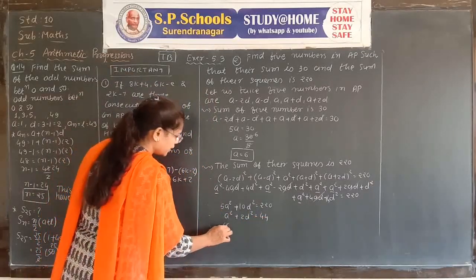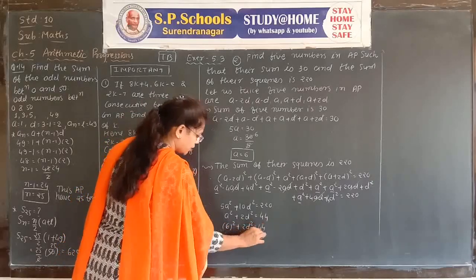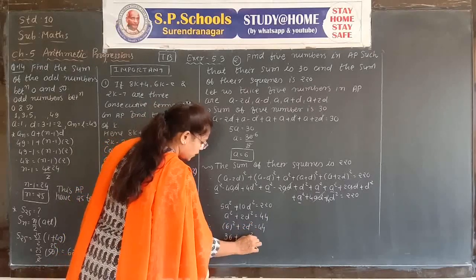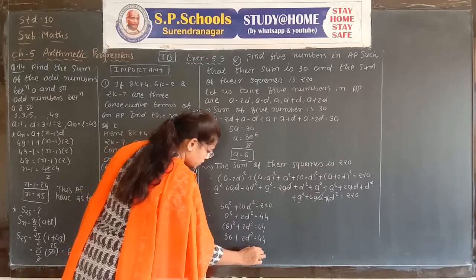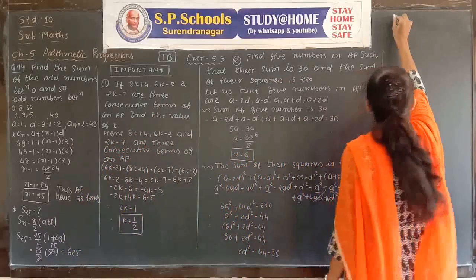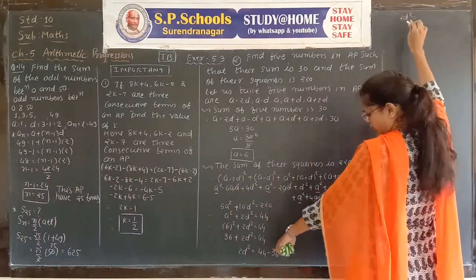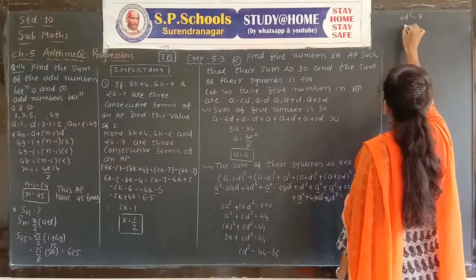Now we substitute the value of A. 6 square plus 2D square is equal to 44. That's why 36 plus 2D square is equal to 44. Making 2D square the subject, we get 44 minus 36. That's why 2D square is equal to 8.